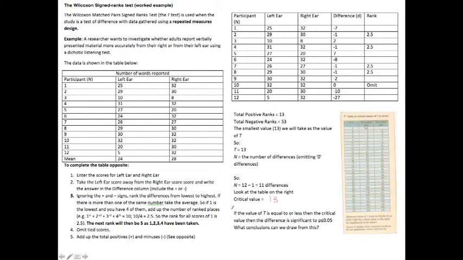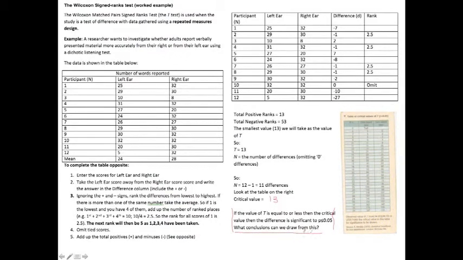Look at this comment here. If the value of T is equal to or less than the critical value, then the difference is significant to p equal to or less than 0.05. Well, what conclusions can you draw from that?